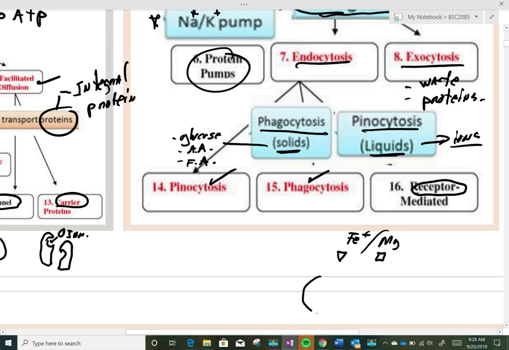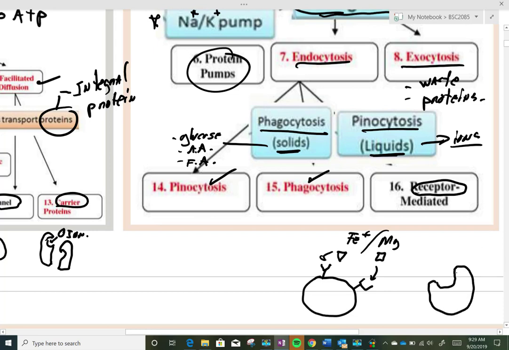That means on the outside of a cell, you're going to have a shape that can accommodate the iron, or you have another receptor that can accommodate the magnesium. Once it binds to the receptor, now your cell is going to create something like this, right? Now bound already to the magnesium or bound already to the iron. You get it? So as the cell moves around here, it moves the cell membrane, then that's going to be, again, a process of endocytosis.